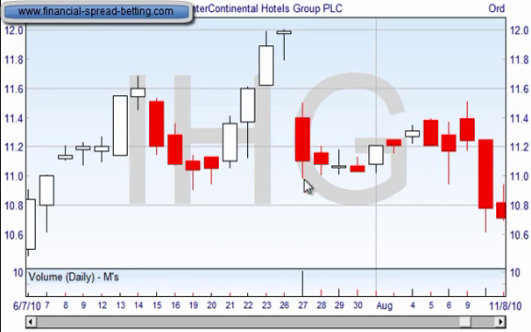So we have this huge intraday move, but the market closed at around 11.15, 11.16, but opened at around 11.40. So as you can see, we have quite a large representation just in one single shape.